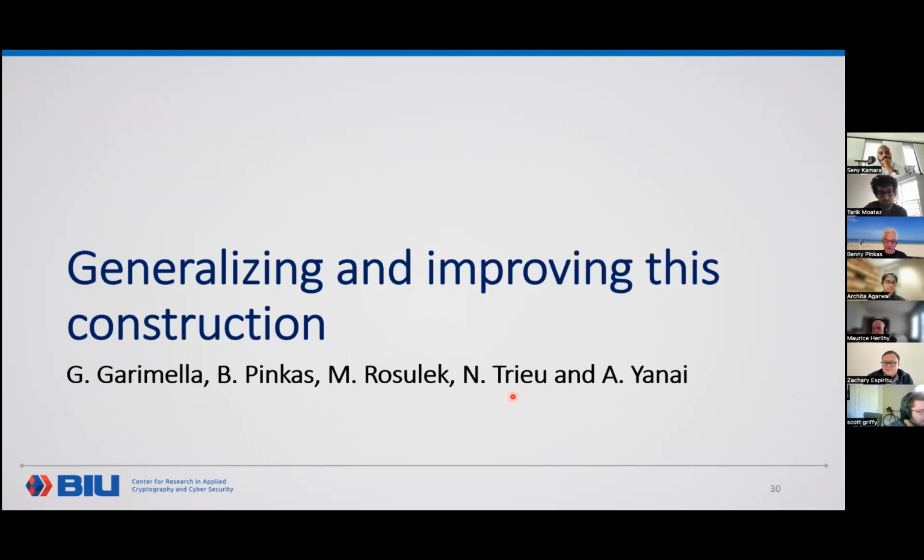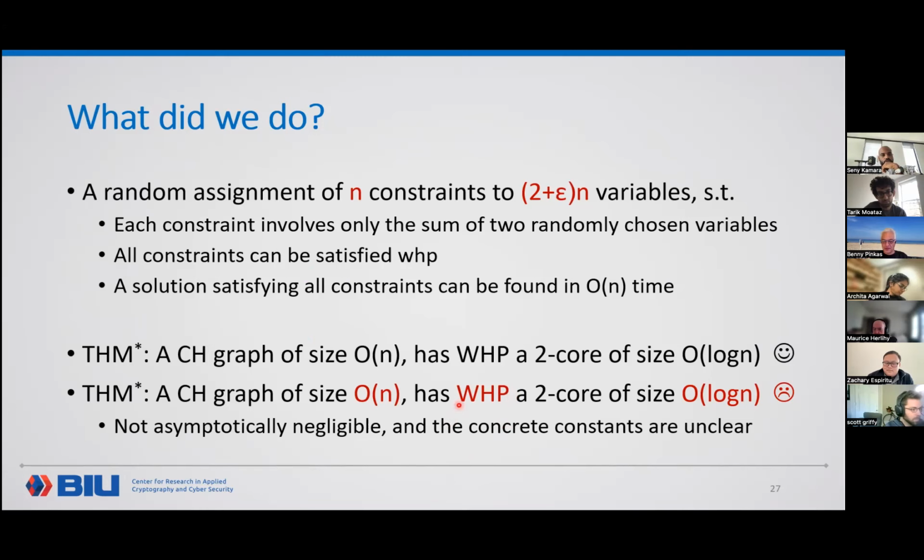Okay, and what I'm going to show here is an approach to amplify this failure probability. Anytime you're going to use some probabilistic property in building some cryptographic scheme, you want to know what the failure probability is.